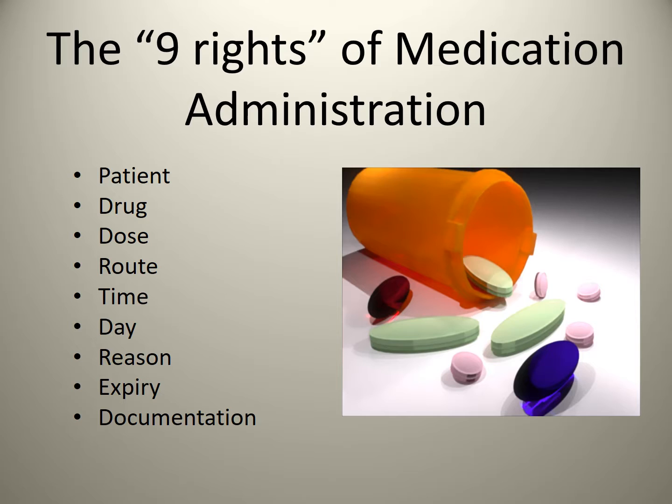Is it the right time for the drug to be given? Is it the right day? Some medications alternate their days. Are you giving the medication for the right reason? Is the medication expired? And after it's given, have you done the correct documentation? All of these rights will now be discussed in subsequent slides.